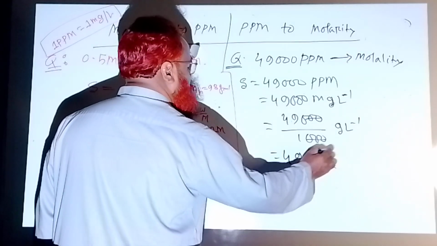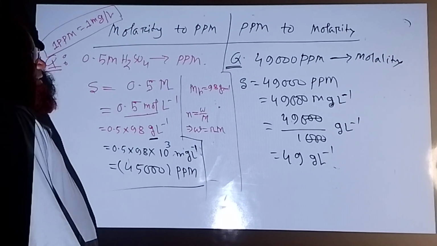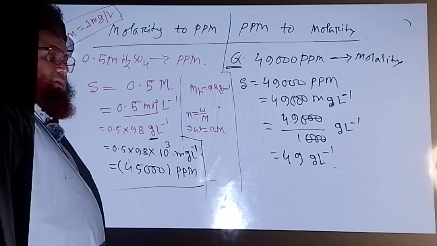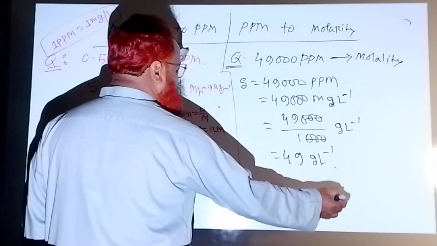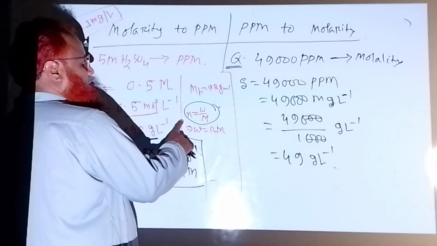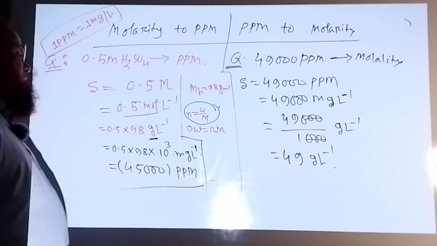So, gram per liter. Now, we have to divide this gram by the molecular weight. So, it will be mole, because we know that the formula of mole is given mass by molecular weight. So, if we want to convert the given mass into mole number, then we have to divide by the molecular weight.